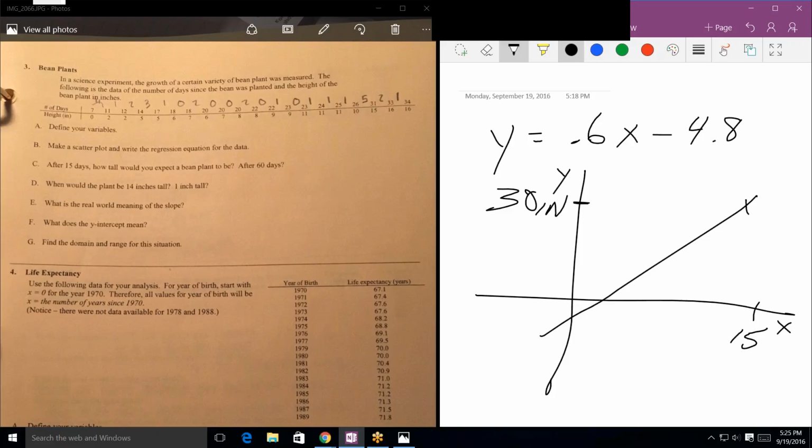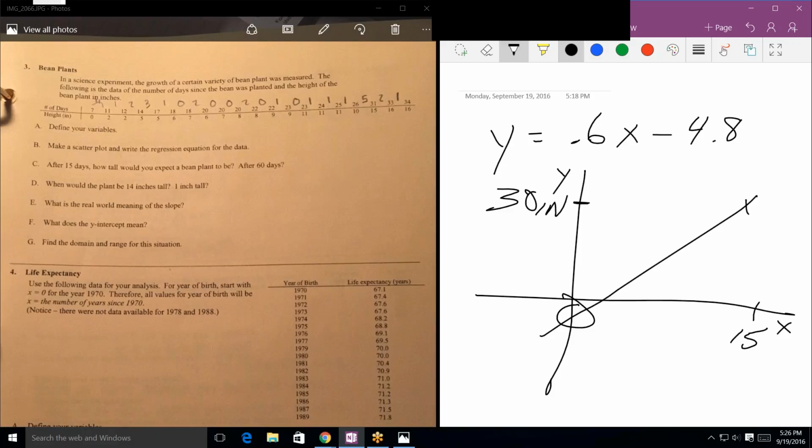What does the Y-intercept mean? The height of the plant after each day. Not after each day. How many days have passed at this point right there? Well, 0 days, right? That's what the Y-intercept always means. This is when X is equal to 0. So what the Y-intercept means is the initial height of the plant.